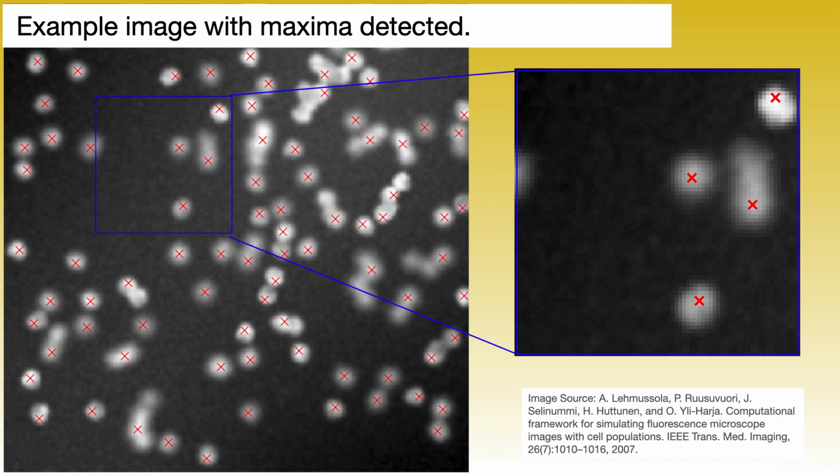So there's a sort of niche where you have potentially noisy data, densely packed, and where there's a variable background. Okay, these images that I'm using are actually simulated, and the reference in the bottom right hand corner is the source of these particular images.